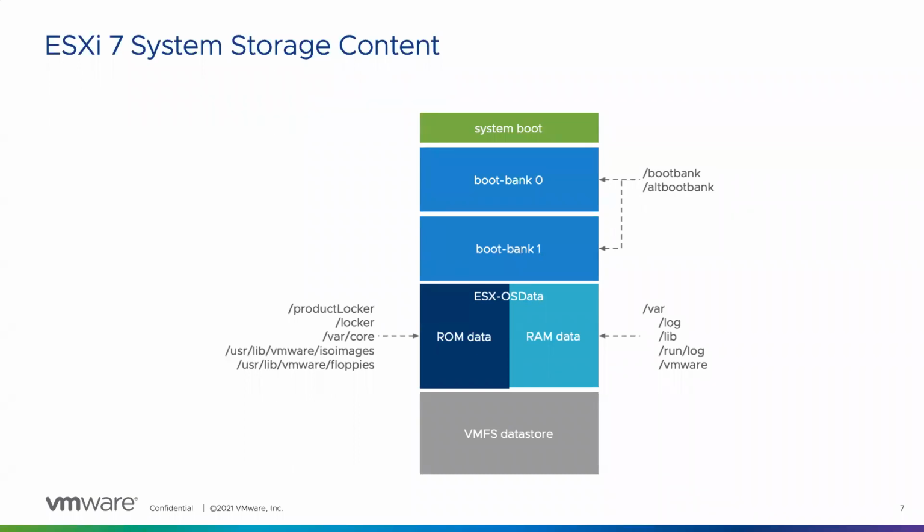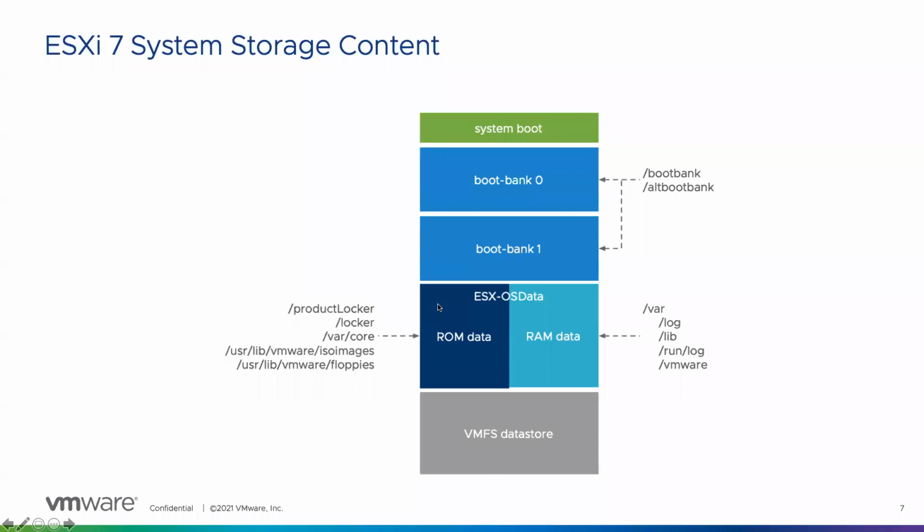So when you invoke Shift-R, which is the rollback operation to roll back your ESXi host to a previous version after an upgrade, that's when the alternate boot bank partition comes into the picture. So this is how the partition content is laid out under the boot bank partition.